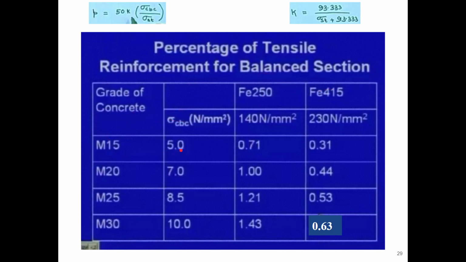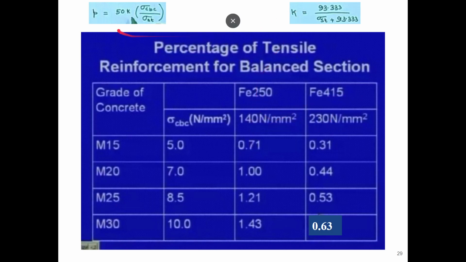P is the value which is calculated. For that we need K, sigma CBC and sigma ST. The sigma CBC value is given here: for M15 it is 5, M20 is 7, M25 is 8.5, M30 is 10. For sigma ST, there are two values: for Fe250 it will be 140, for Fe415 it is 230.